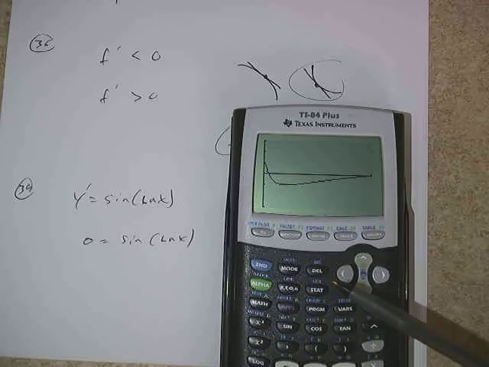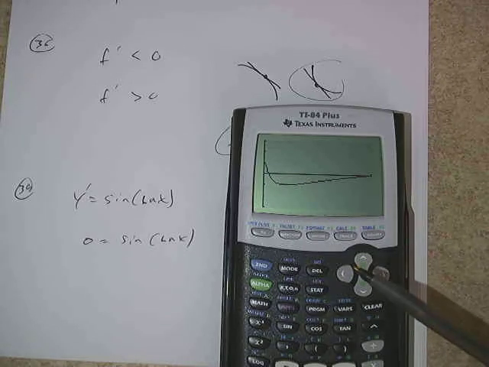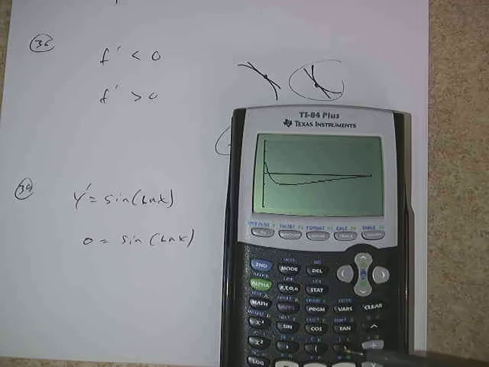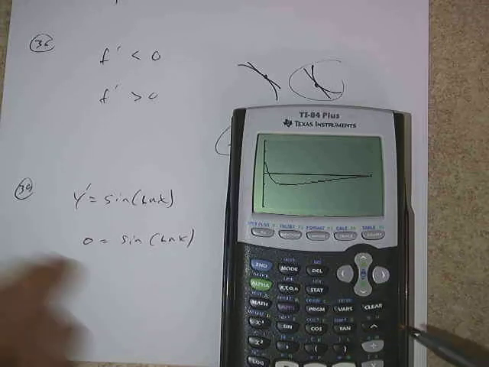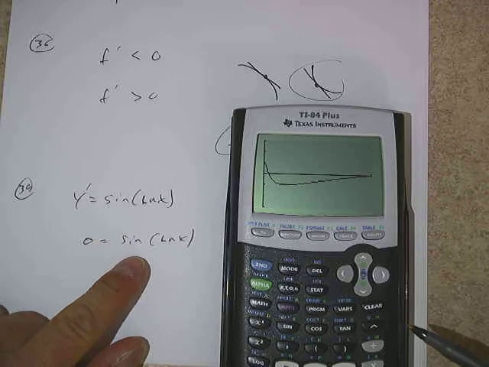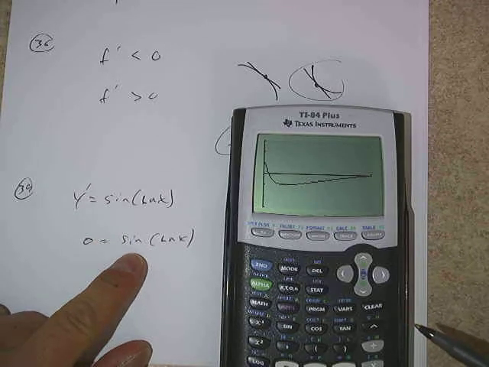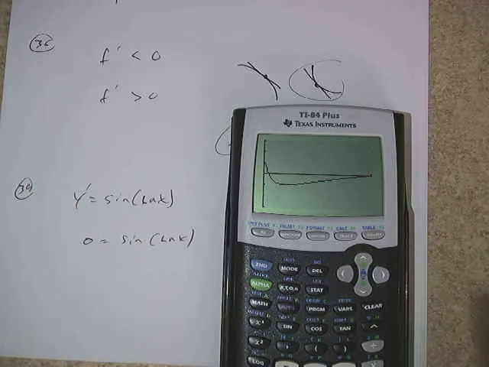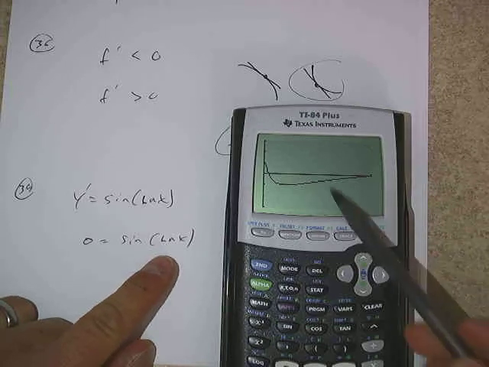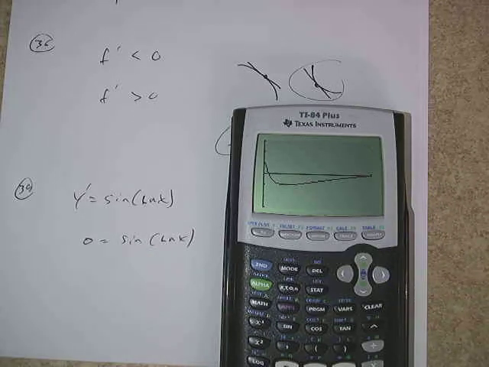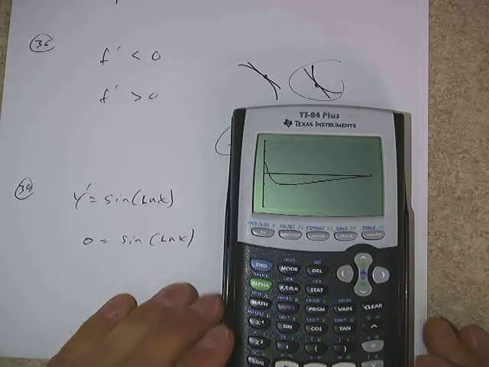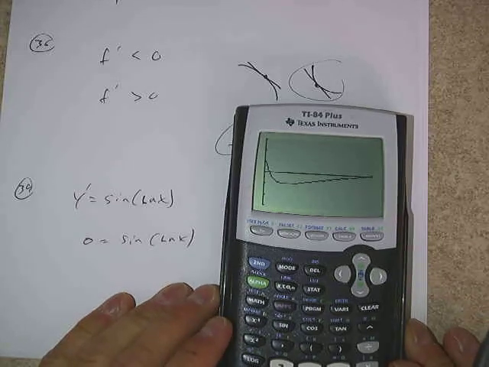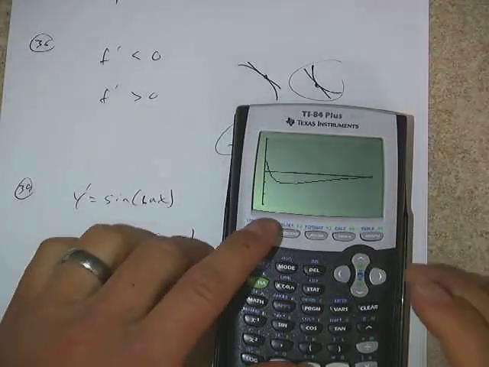Now, here's where we have to be a little bit careful, keeping in mind the function type we have here, sine of ln x. As x gets close to 0, the y values of ln x are going to approach negative infinity, aren't they? And what's going to happen when I put numbers like that into the sine function?